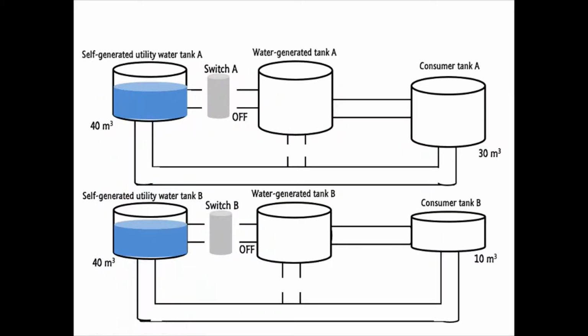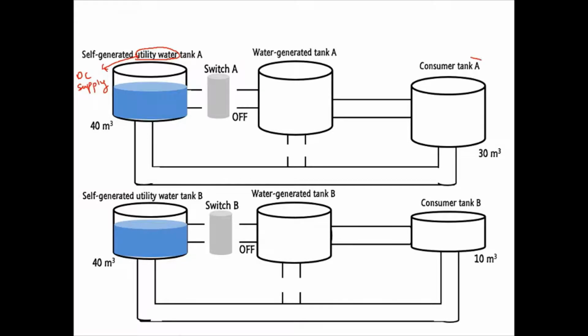I will use a water distribution system as an analogy for the operation of DC-DC converters. Based on the diagram, the self-generated utility water tank represents the input DC source of the converter's circuit.